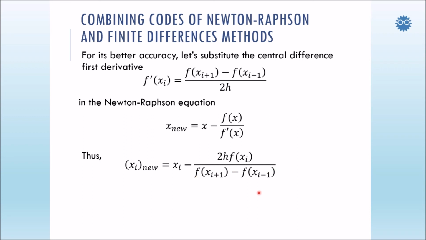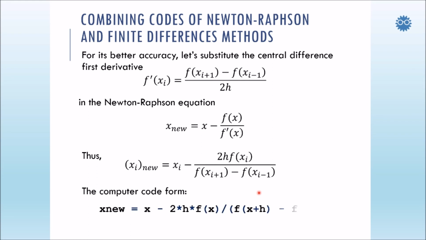This formula will be transformed to the computer code form in this way. So we'll have x new, as we saw at the previous slide, that xi will be represented by x because it's the current x, minus 2h multiplied by f of x.